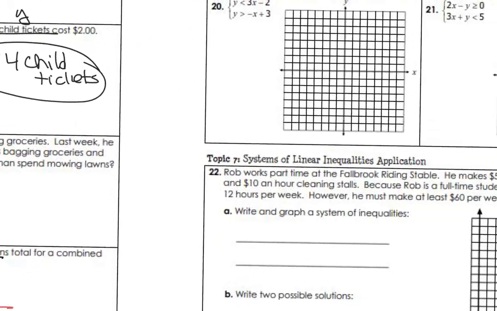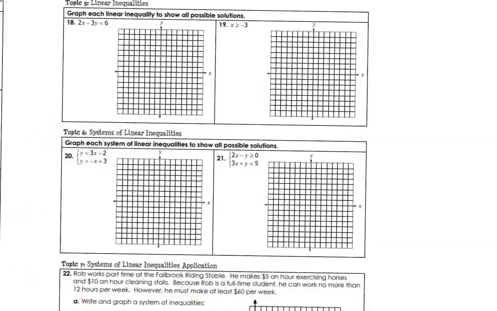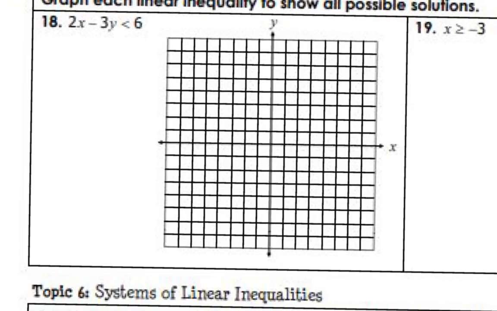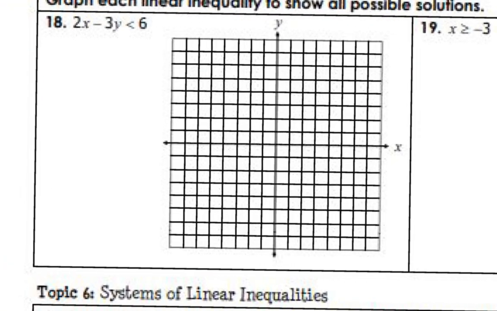So let's do a little bit of graphing here, inequalities. So let's graph this one. All right, I'm going to use X and Y intercepts because I don't need to know every exact point. So for my x-intercept, it is 6 divided by the coefficient of x.